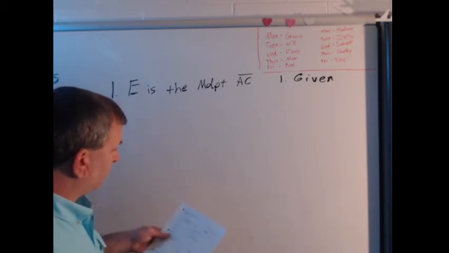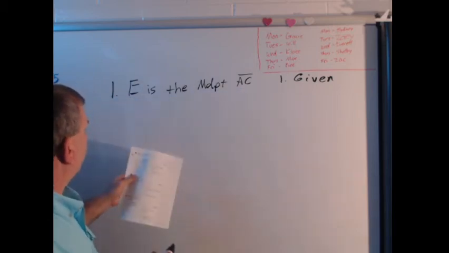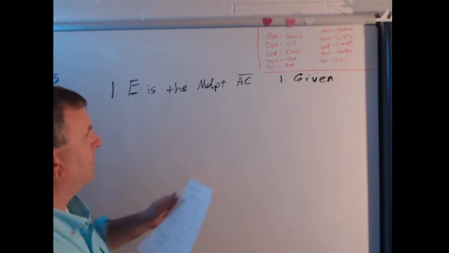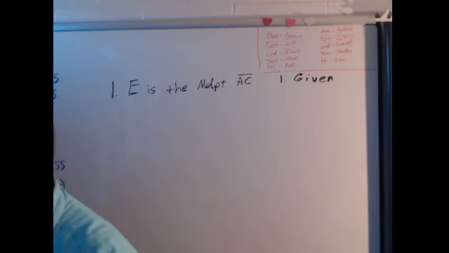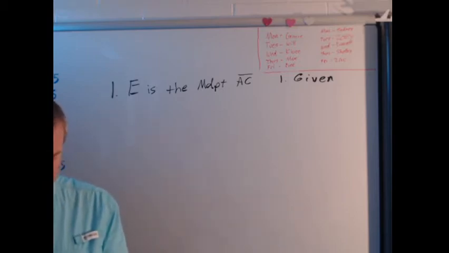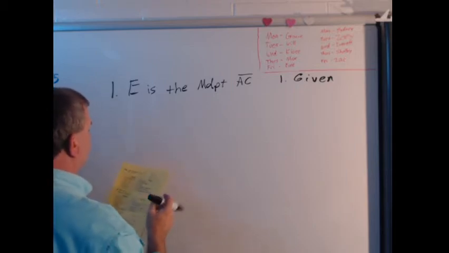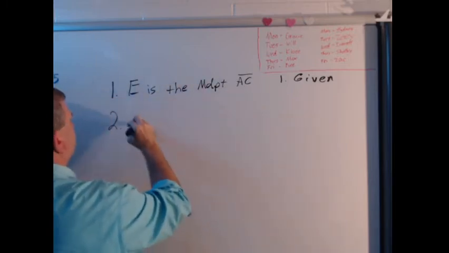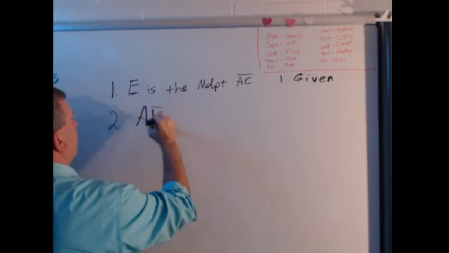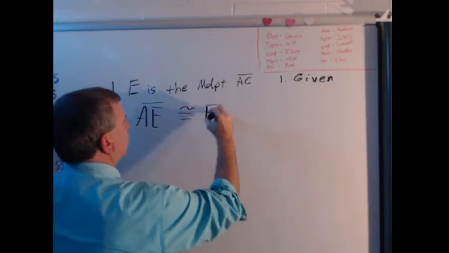Okay, so of course, whenever we start with any proof, whatever they give us is given. Now when I take a look at step 2, if E is the midpoint of AC, anytime that you have a midpoint, the next step is always going to be that you have AE is congruent to EC.